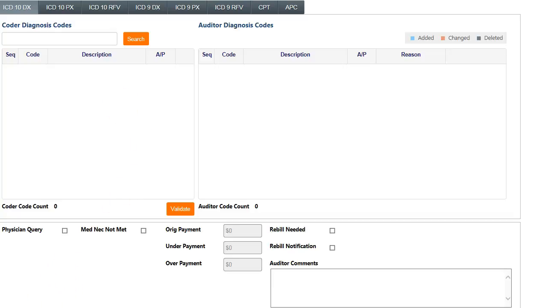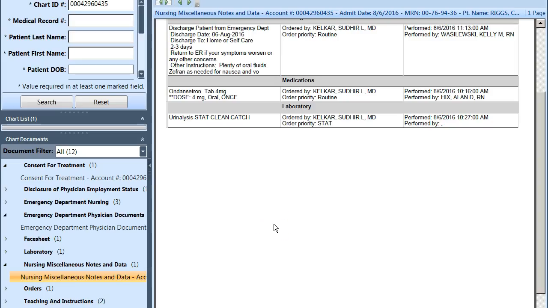Okay, so let's get started. 90% of the charts that I code are saved inside of an EHR system. That is an electronic health record system, and what I can do from home or through any computer is to pull the patient's chart up based on the date of service, based on the medical record number, and based on the visit number.